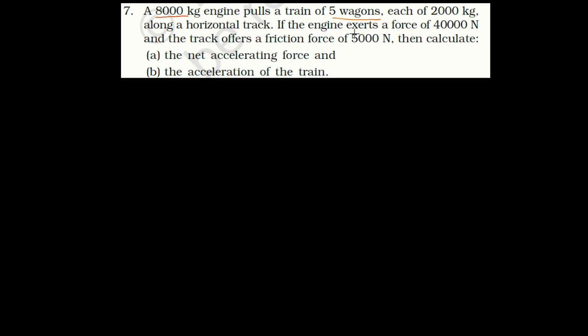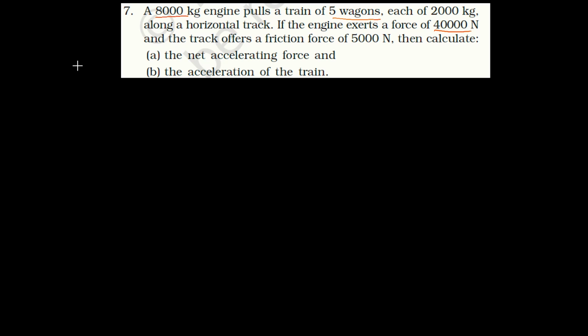The engine exerts a force of 40,000 Newton to move that train, and the track offers a friction of 5,000 Newton. So the train applies a force of 40,000 Newton, and in the backward direction friction works. That friction force is nothing but 5,000 Newton.